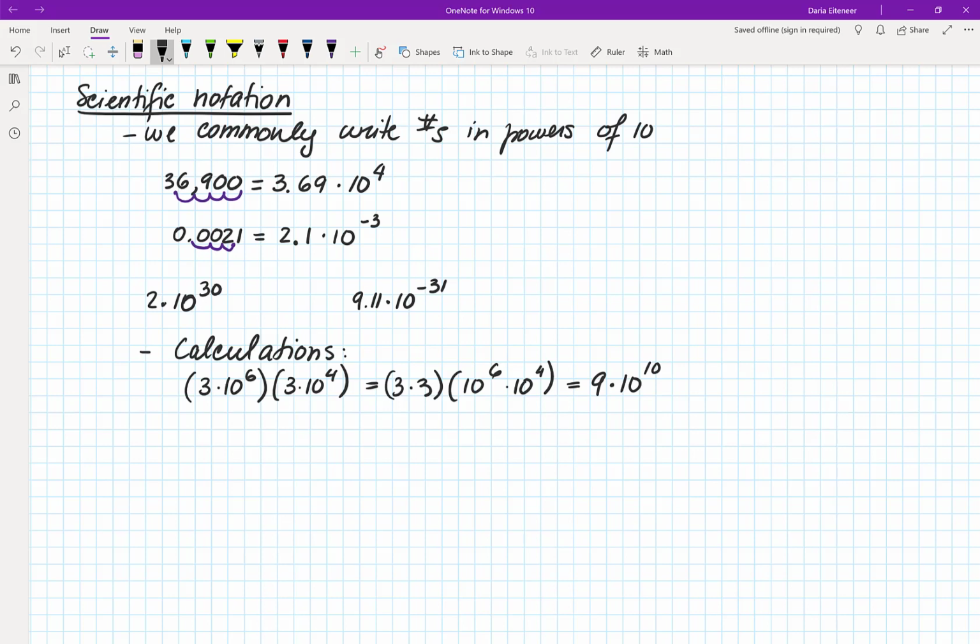Word of caution, if you're doing something like this, you can also just simplify the 3's into 1's, that's fine. So you're doing 1 times 10 to the power 6 over 1 times 10 to the power 4. If you're putting this in the calculator, either use the EE button. If you don't know how to use the EE button, ask me, maybe in office hours.